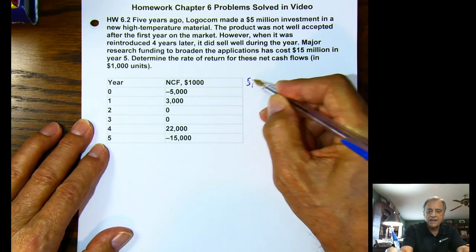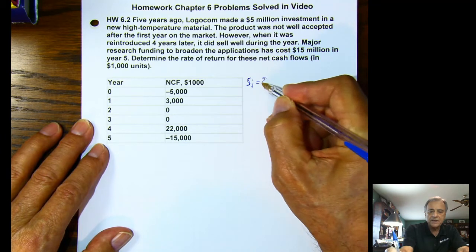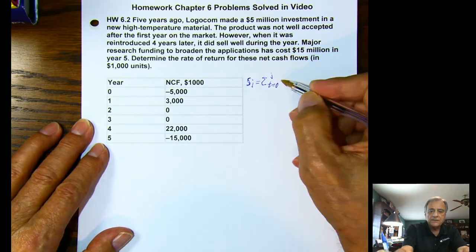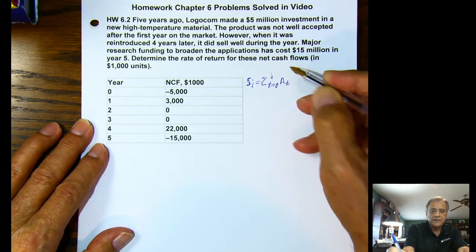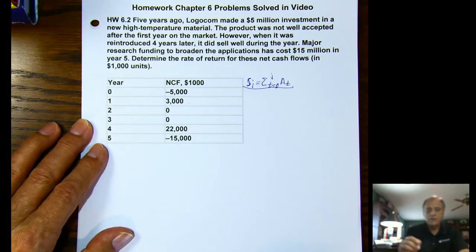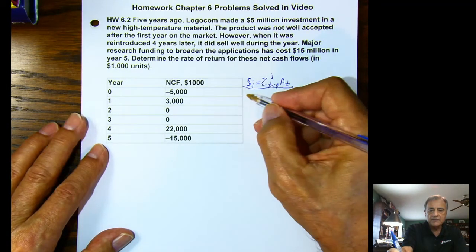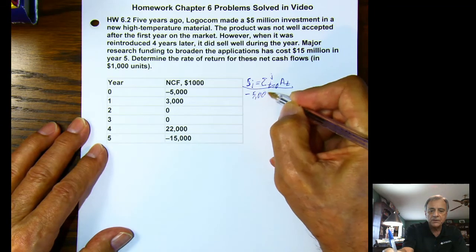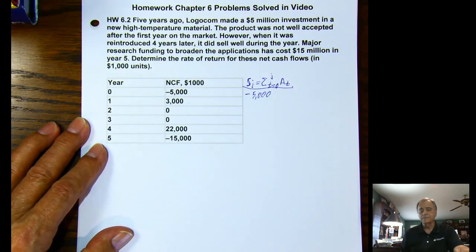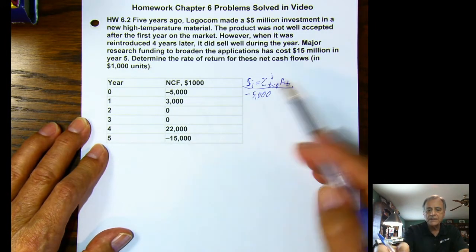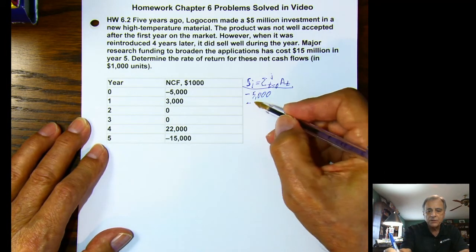S sub j actually equals the sum, t equals 0 to j, of a sub t. These are the values of a sub t here. So at time 0, S sub 0 is just a sub 0. It's minus 5,000. At time 1, we add that minus 5,000 to the plus 3,000, and we end up with minus 2,000.